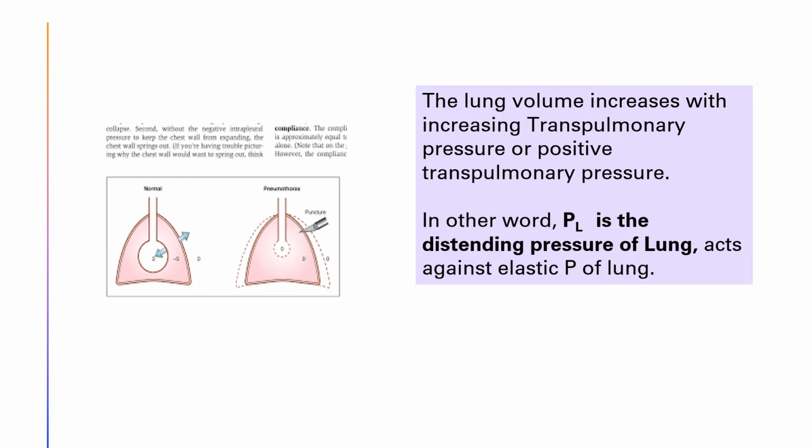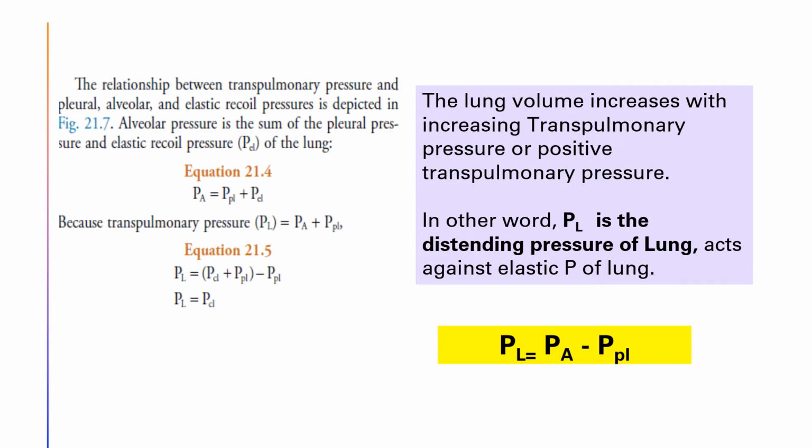We can prove it mathematically too. From the previous equation we knew that transpulmonary pressure is equal to alveolar pressure PA minus intrapleural pressure PPL. Now alveolar pressure is the sum of pleural pressure and the elastic recoil pressure. So we can rewrite this: PA, the alveolar pressure, is equal to PPL, the intrapleural pressure, plus the elastic recoil pressure of the lung.